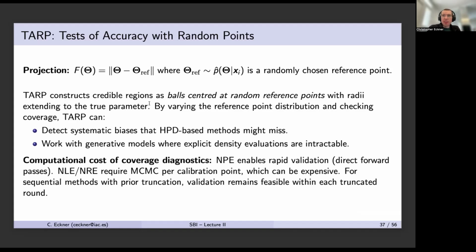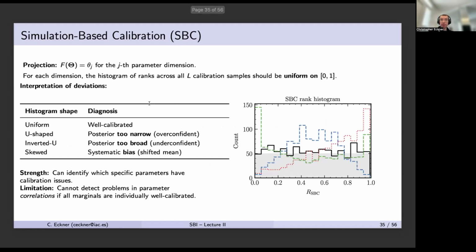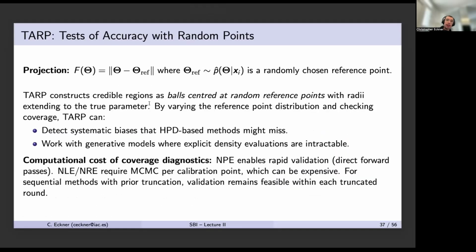This is something that is not done too often, but it is a possibility in the end. What you typically do is this coverage test with the log probability density and the simulation-based calibrations. So those ratios for individual parameters, which give you a simple way of assessing your calibration.